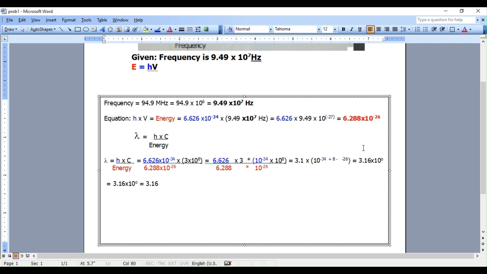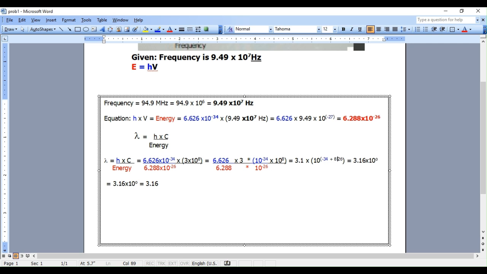So in the same exponent equation, I have minus 34 plus 8, and then minus a minus 26. There are two negatives there. Don't get that wrong. When you divide by an exponent, you got to subtract. So 10 to the minus 34 plus 8 minus a minus 26.